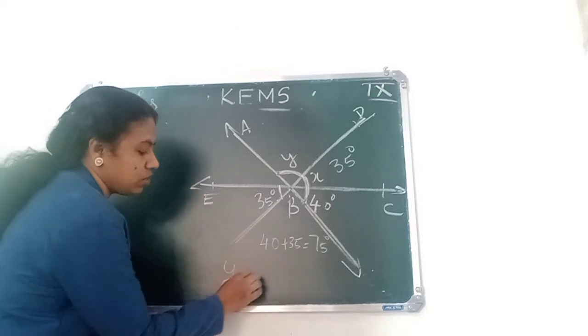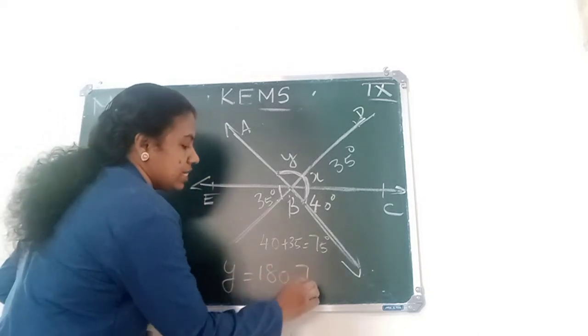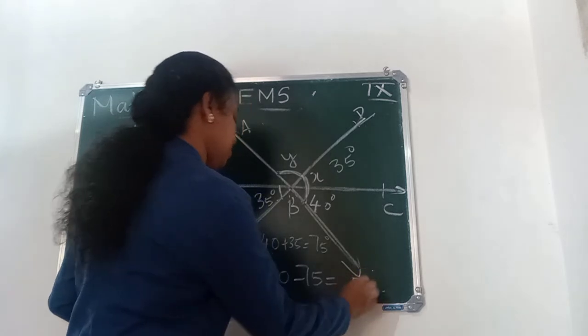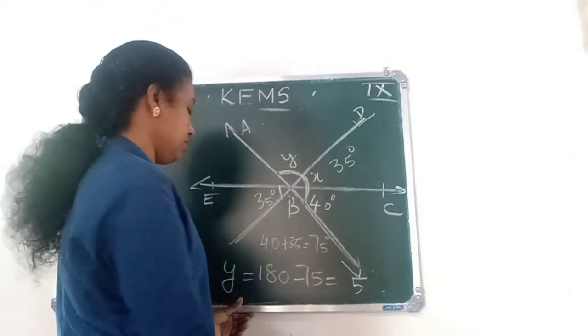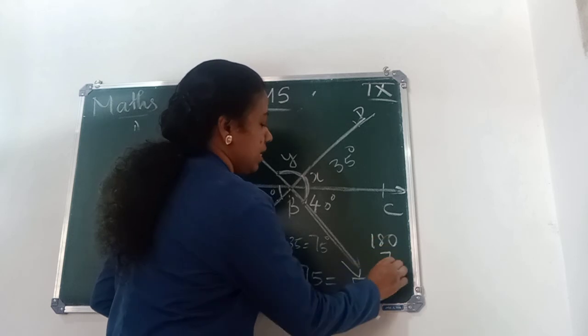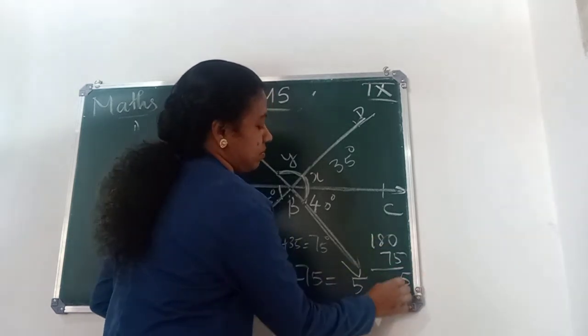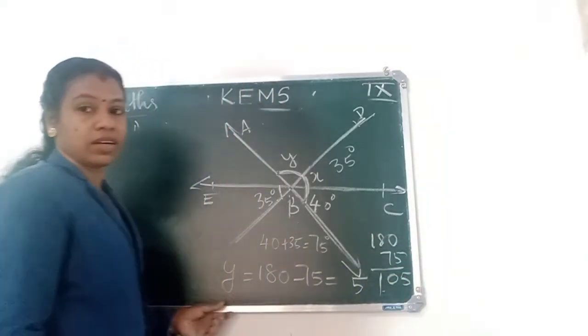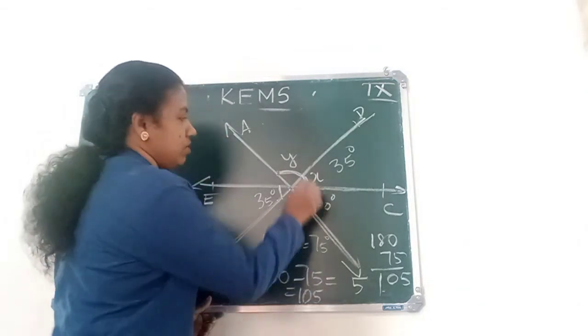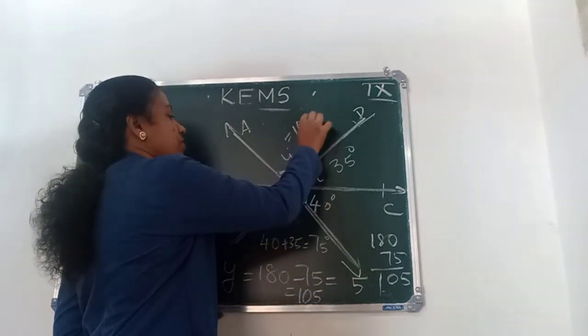Therefore, y equals 180 minus 75. What is it? 105. So y equals 105.